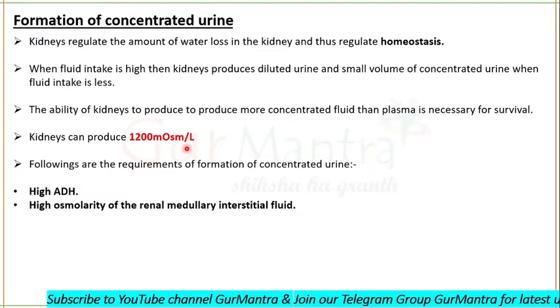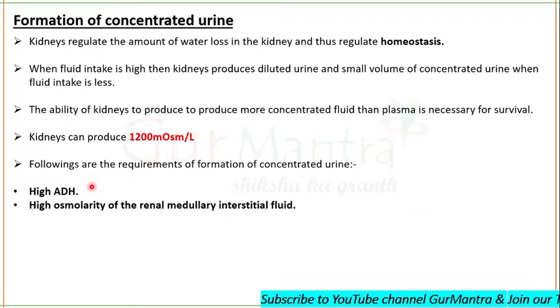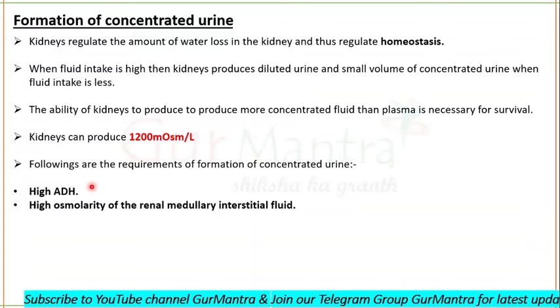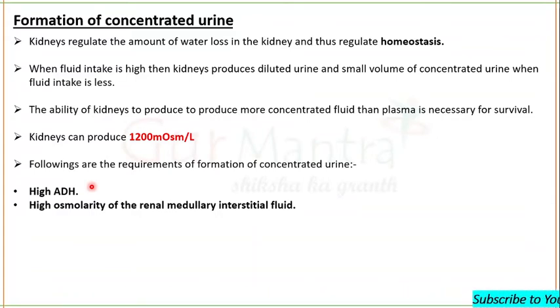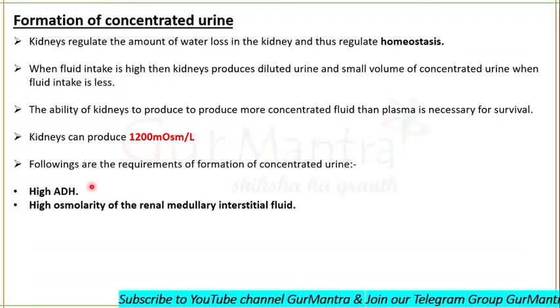The basic requirements for forming concentrated urine are a high level of antidiuretic hormone, and this hormone, as I have told you in my previous video, increases the permeability of the distal tubule and collecting duct to water.